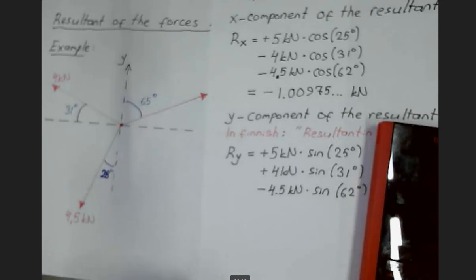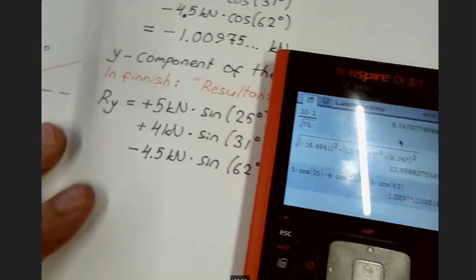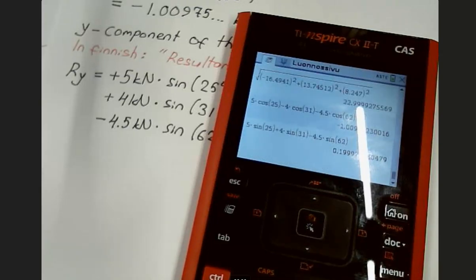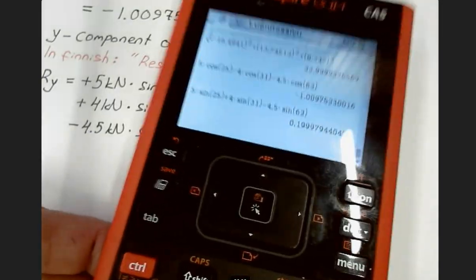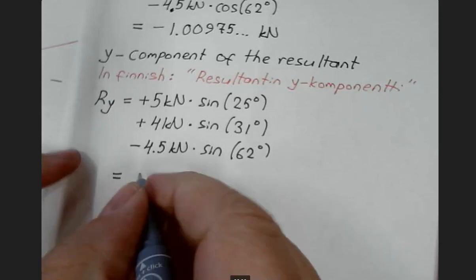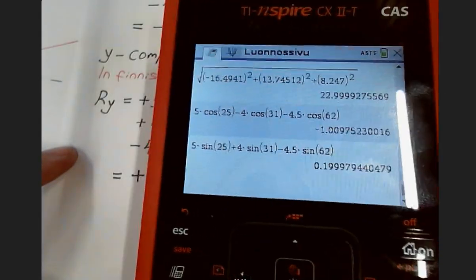And let's see what we will get. 0.1999, etc. I will write the plus sign here because it is a positive number.